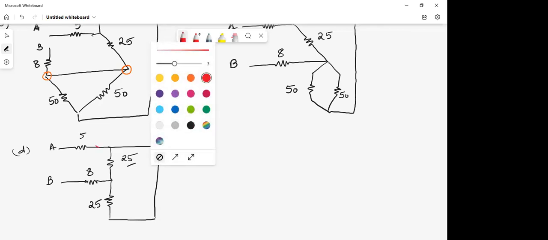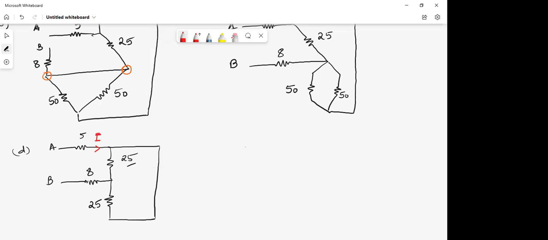Let there be some current I. This I will be divided into 2 components, I1 and I2.